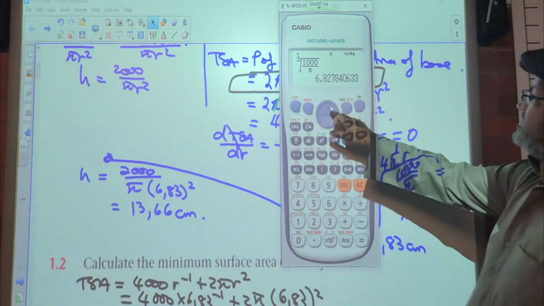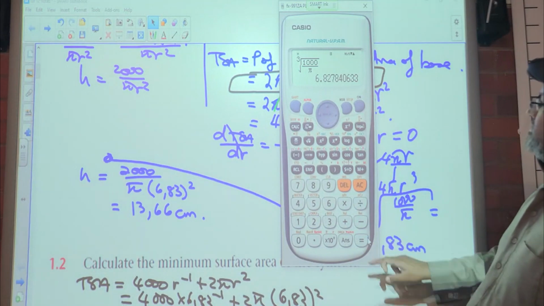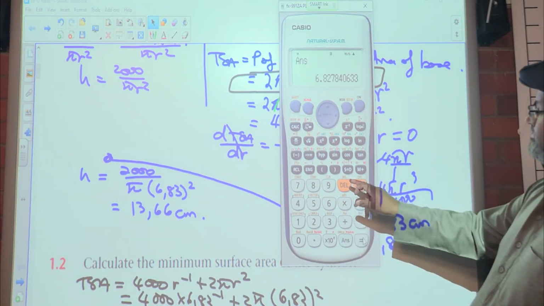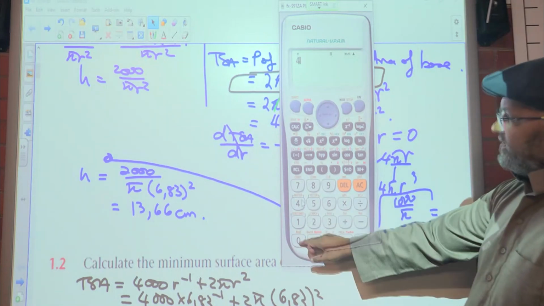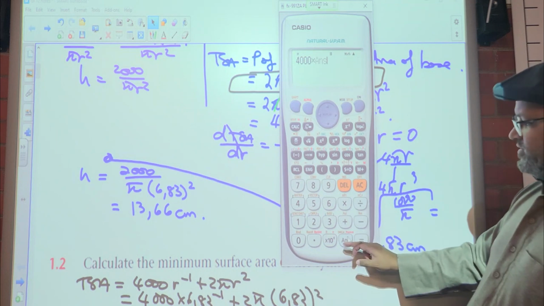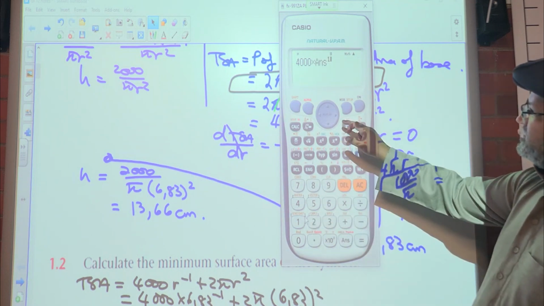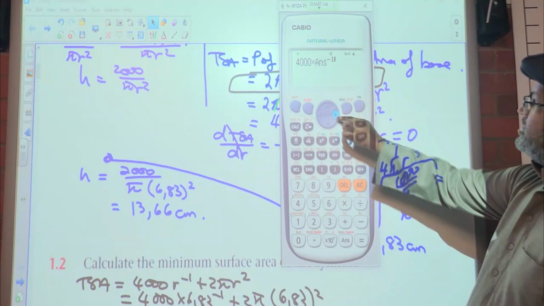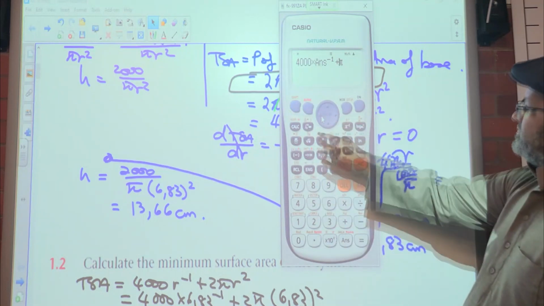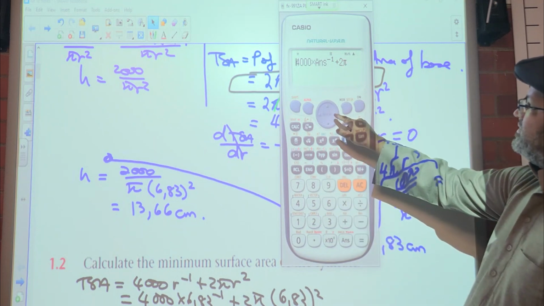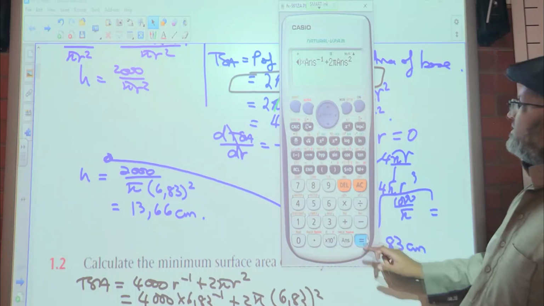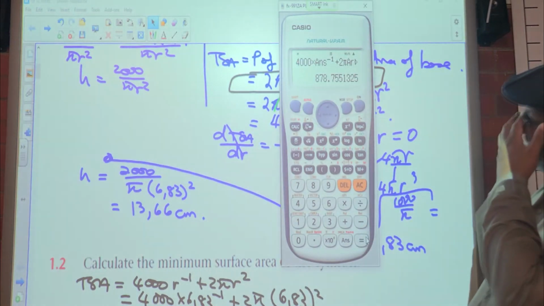Okay, so let's draw that answer there. That's the answer. So I'm going to say 4,000 times answer to the negative 1 plus 2 pi times answer squared. 878.76.